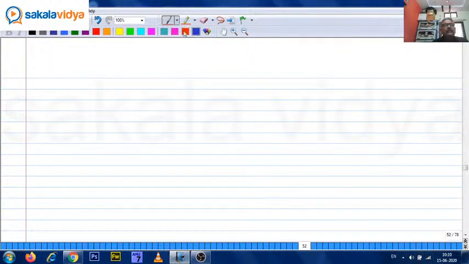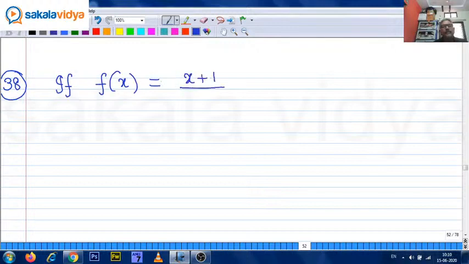Question number 38. If f of x equals x plus 1 upon x minus 1, provided x does not equal 1, because if x is equal to 1, it's not defined.